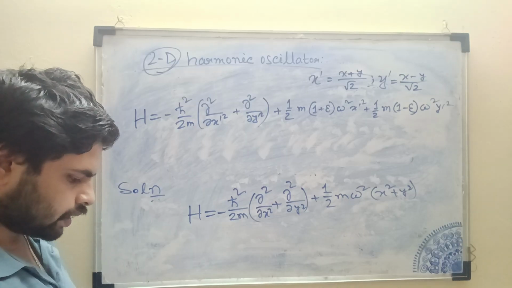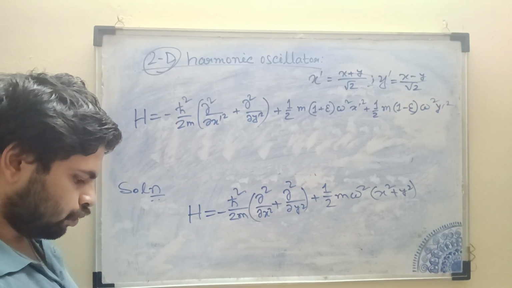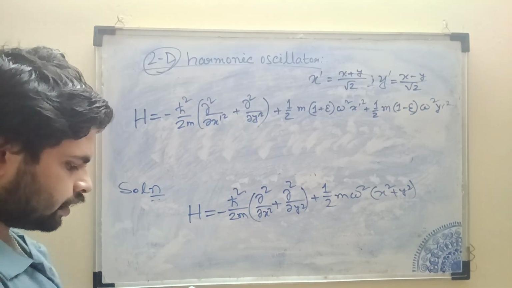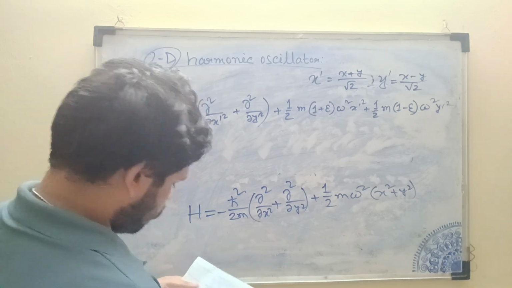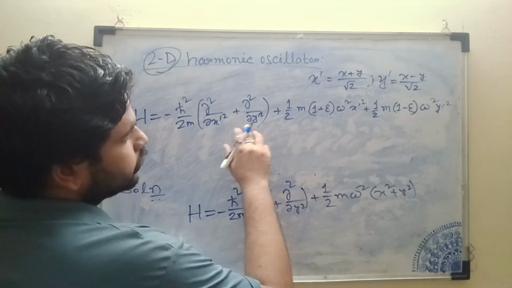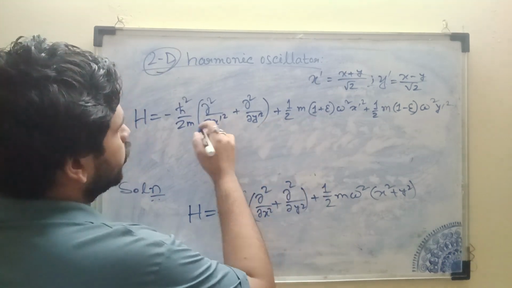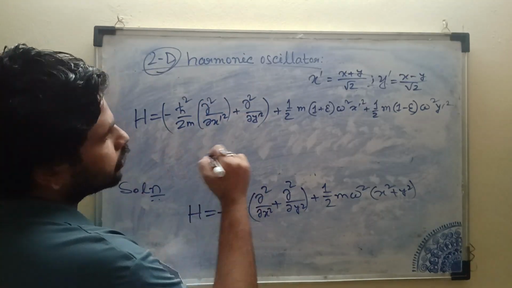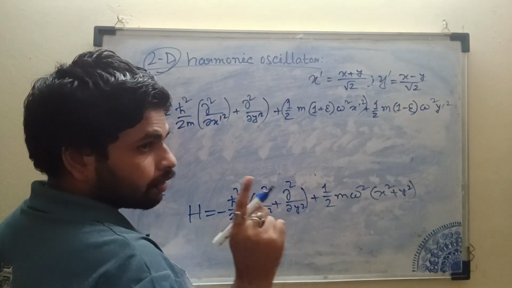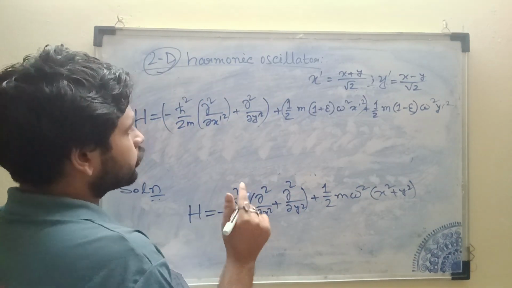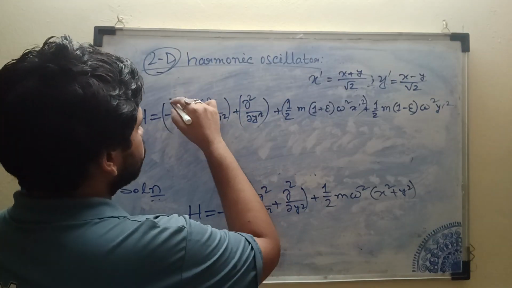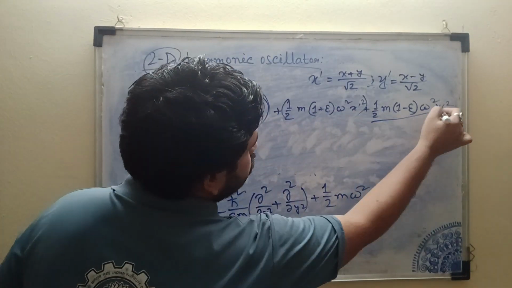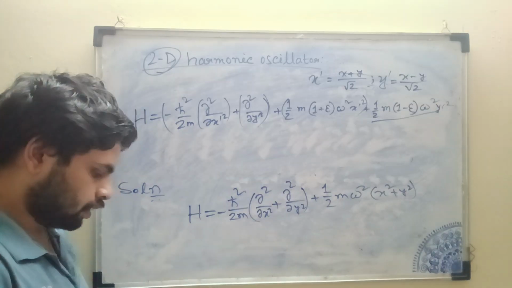So this amounts to two independent 1D oscillators. We can treat this one as an independent oscillator, and this other one as another independent oscillator.